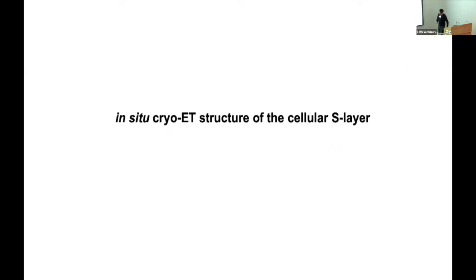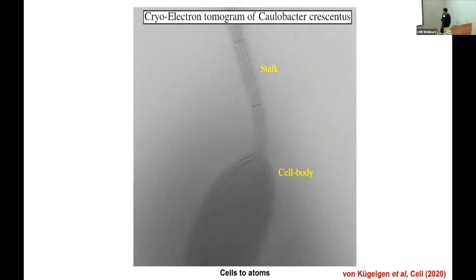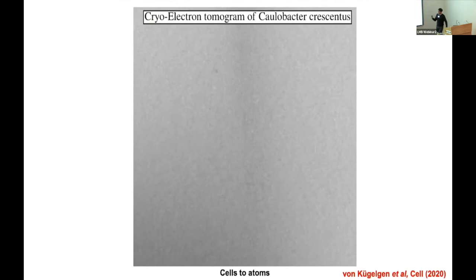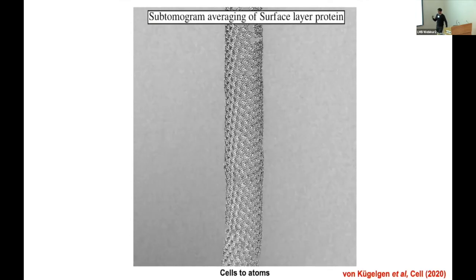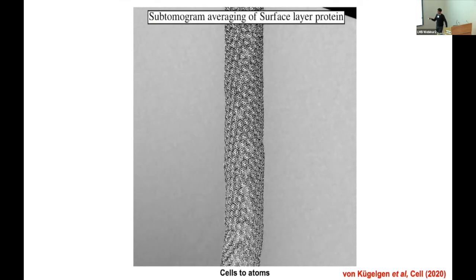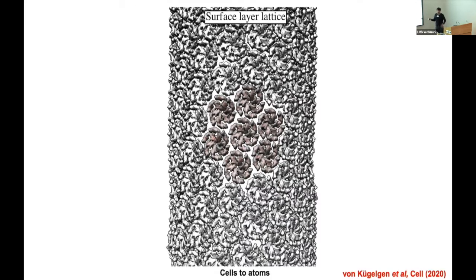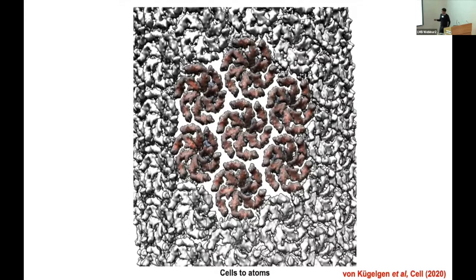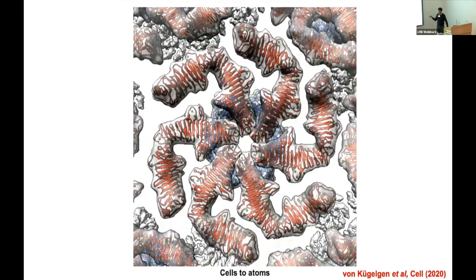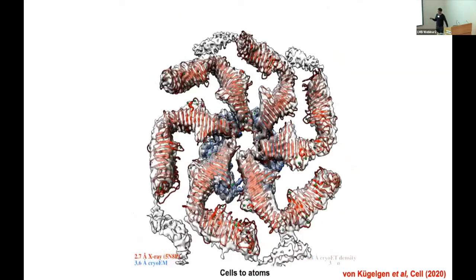Okay, so I've shown you lots of in vitro data. How is the S layer arranged on cells? We performed electron tomography and subtomogram averaging, a method that allows us to solve structures of macromolecules directly in cells. This is a 4.8 angstrom structure on cells, where we can directly dock our X-ray structure shown in red, and the cryo-EM map shown in blue.